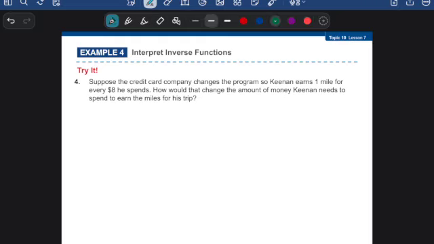All right, so our function would be representing the amount of miles earned per dollar. Okay, so miles earned per dollar, or 1 divided by 8, is 0.125, plus our bonus of 500 miles.